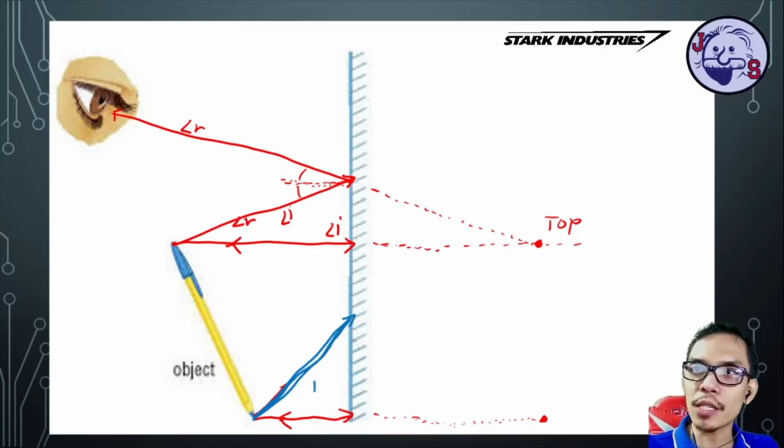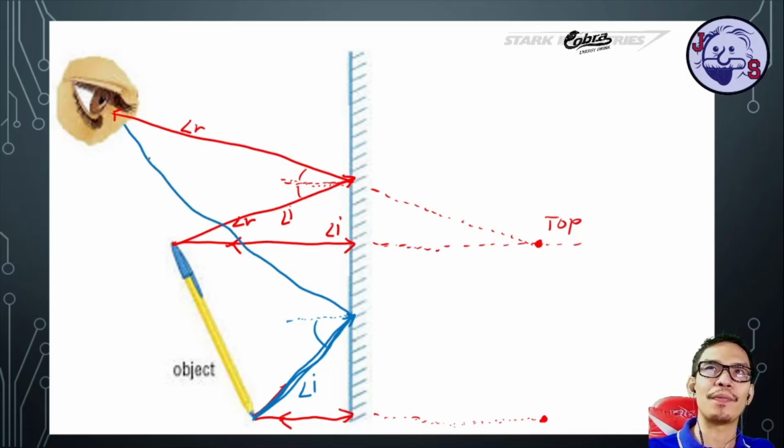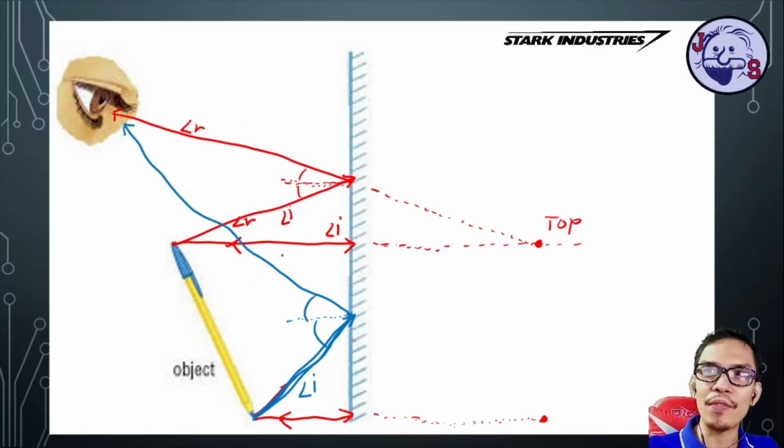So this is the incident ray, and if you follow the law of reflection, that is the normal line. So the angle here should be equal to the angle of reflection. There you have it.